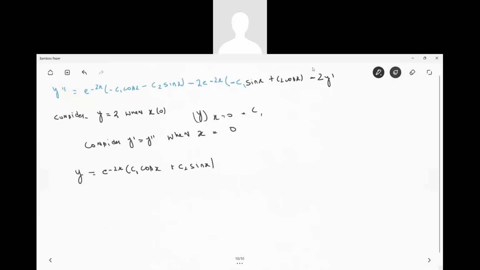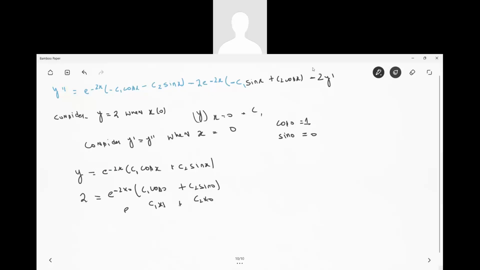When y is equal to 2, x is equal to 0. So it is e power minus 2 into 0, C1 cos of 0 plus C2 sine of 0. Cos 0 value is equal to 1, sine 0 value is equal to 0. So that means C2 into 0, and this would be C1 into 1, plus this.